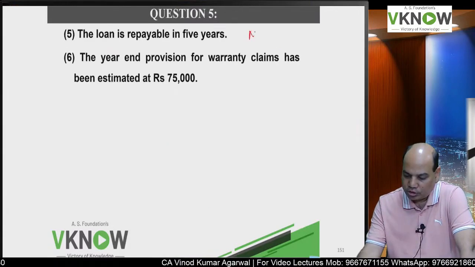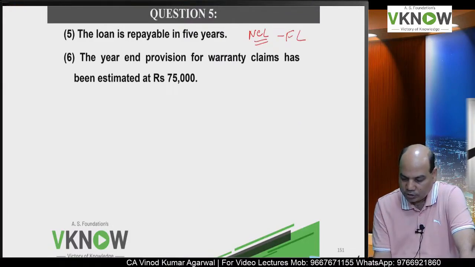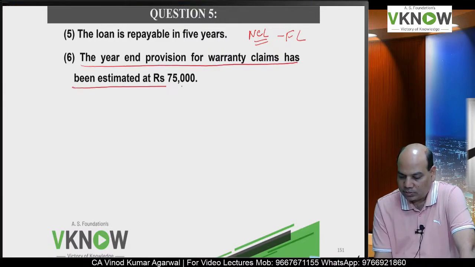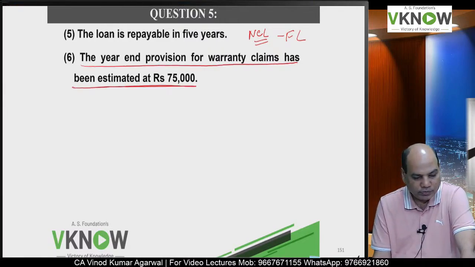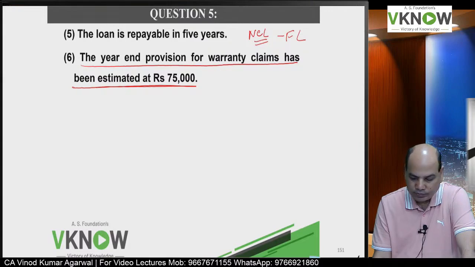So loan will come as non-current liability under financial liability. Year-end provision for warranty claim has been estimated at rupees 75,000. Oh my God!